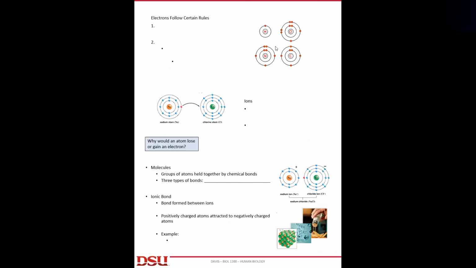Let's move on. So electrons are going to follow certain rules. This is true. They are subatomic particles of habit, if you will. Electrons, first off, like to be in pairs.